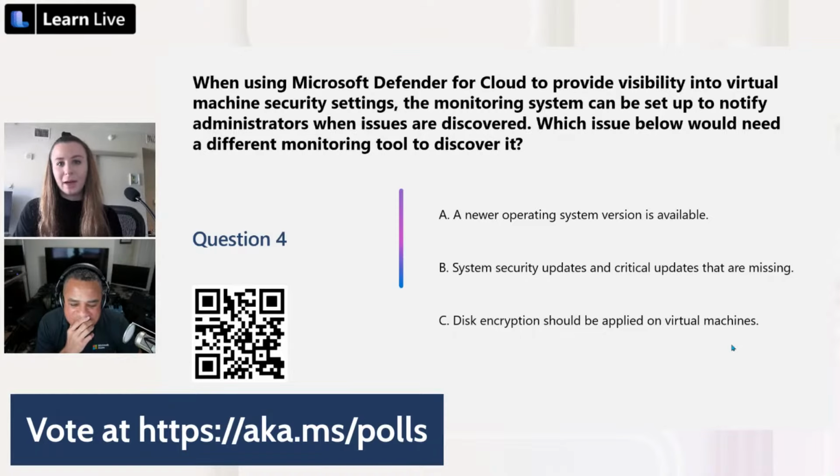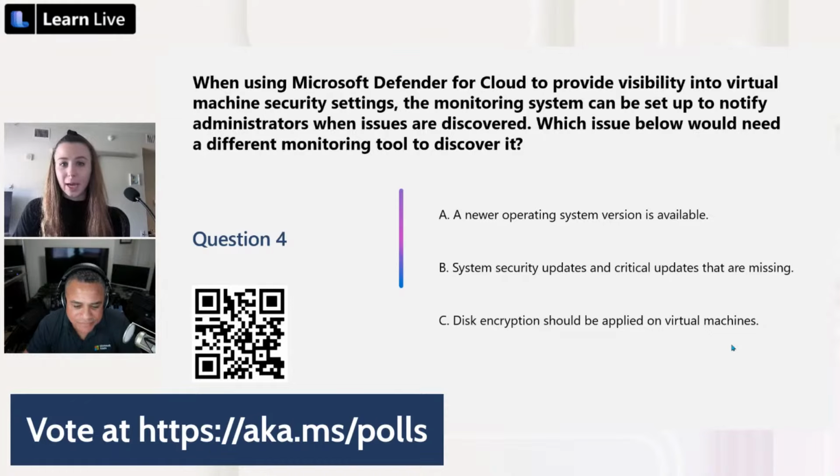So Defender for Cloud, we do vulnerability assessments of the operating system, but we're not going to necessarily tell you when you're using an outdated operating system version. We are going to tell you that your operating system has vulnerabilities and there are critical updates that are missing, but we're not necessarily going to say, okay, you should upgrade to this newer one, even though the current one doesn't have any sort of vulnerabilities.